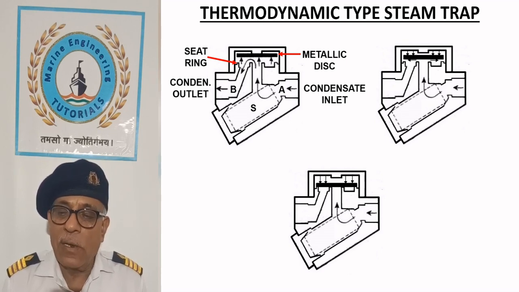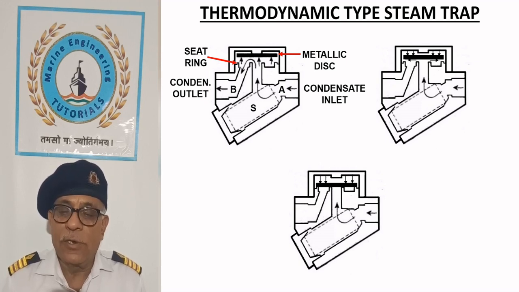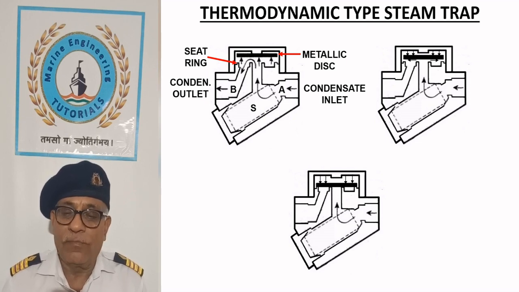To start the cycle again, an orifice is provided on the seat ring which reduces the dynamic pressure acting on the disc. If the condensate is present, it will get discharged, otherwise the valve closes again.